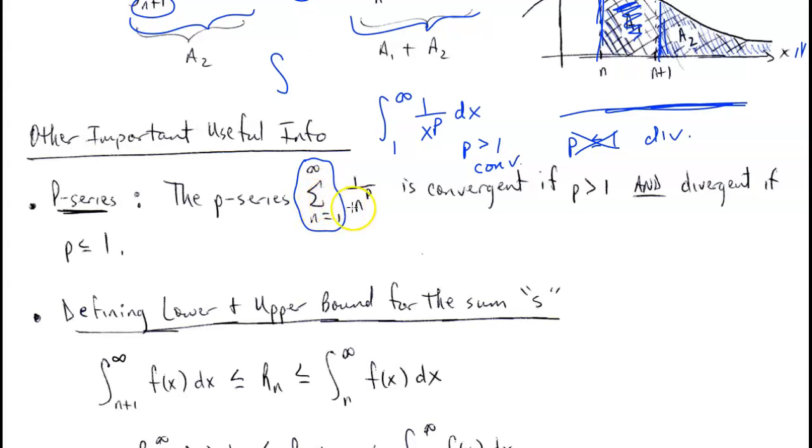And so again, the point here is that if we recognize that we have a series that is of this profile, of this format, then we can automatically call it a P series. And depending upon what P is, we can determine whether that series is convergent or not. And we don't have to go through the whole ordeal of actually evaluating an improper integral. Okay, so that's why that's important.